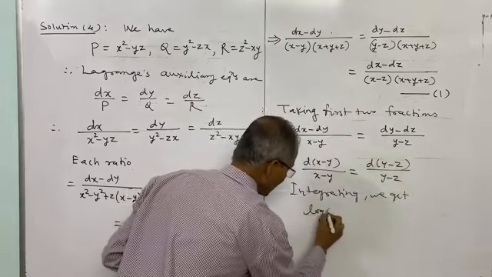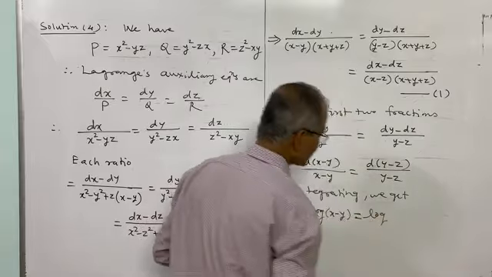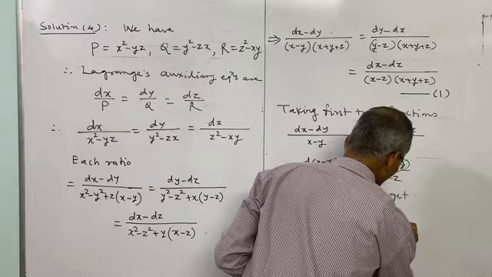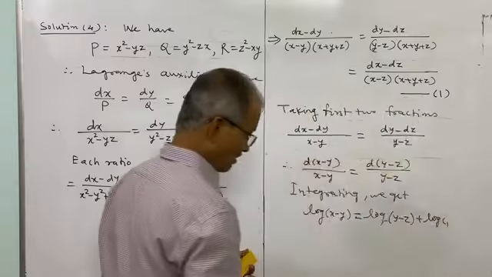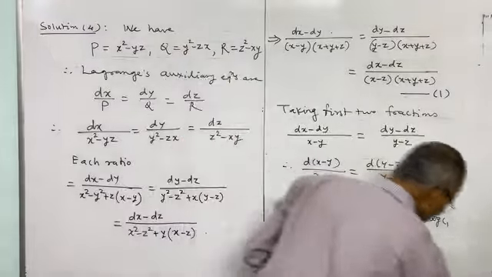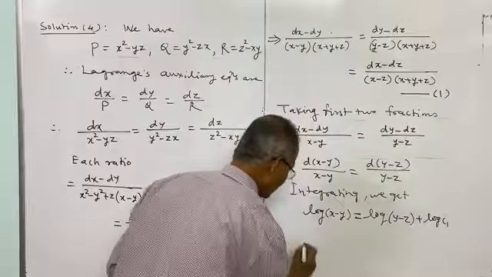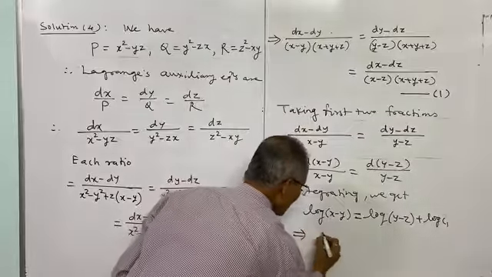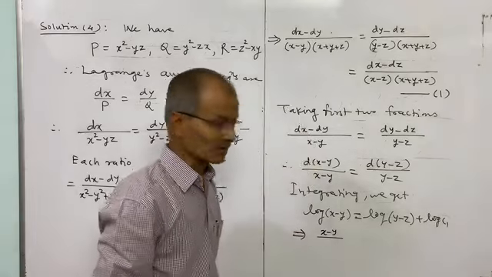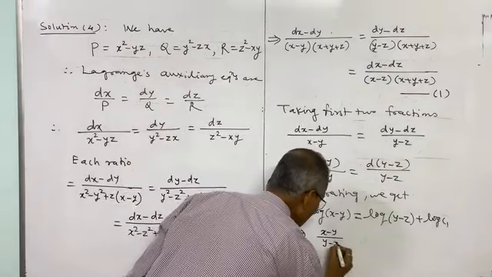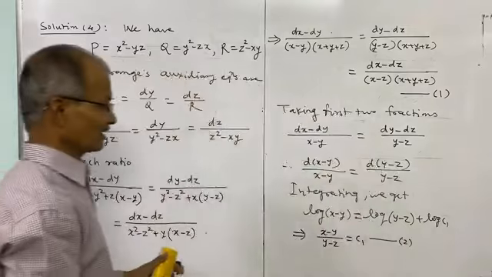Log of x minus y is equal to log of y minus z plus log of c1. Therefore, as earlier, shift this to the left side, and that implies x minus y divided by y minus z, after cancelling log on both sides, is equal to c1, and this can be taken as second.